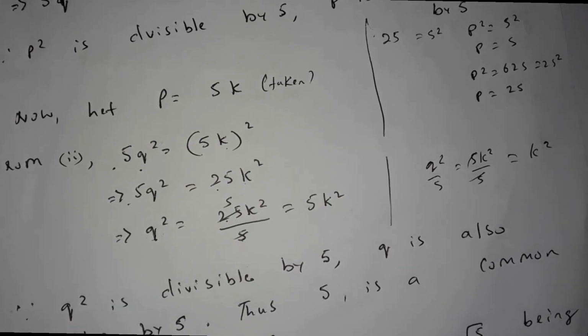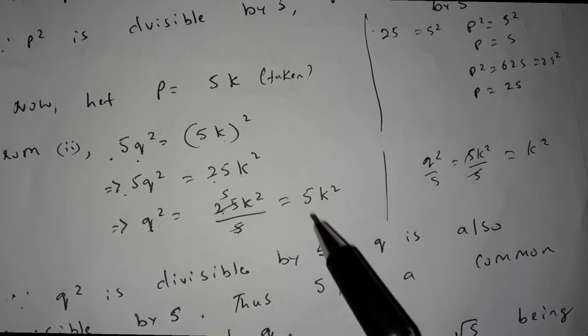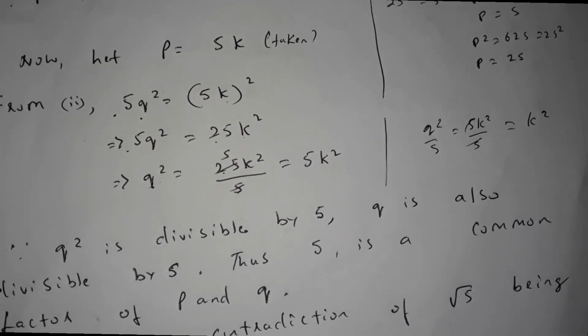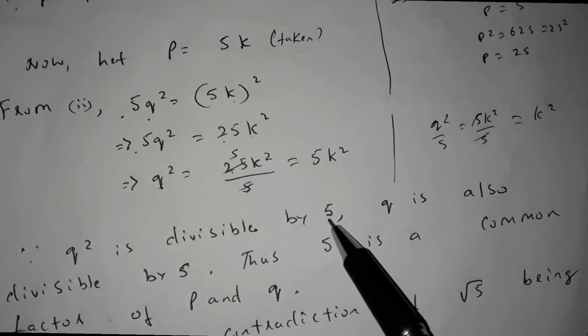If q squared is divisible by 5, that means q squared is 25 or 125 or 625. So if q squared is divisible by 5, then q is also divisible by 5. This q can be 15.